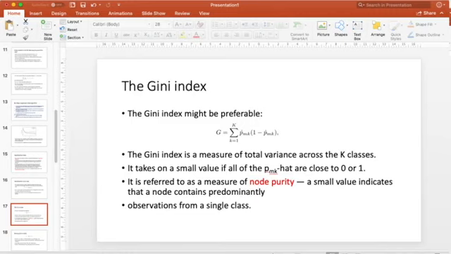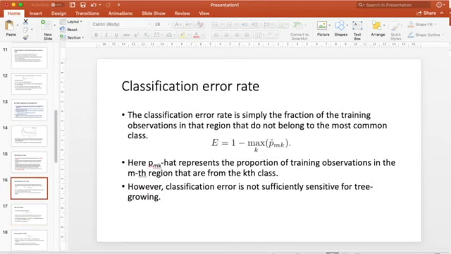Now let me take you through this equation and what it means. If you look at the classification error rate here, you have E equal to 1 minus the max of p hat mk. You try to maximize p hat mk, and the error is just 1 minus this max of p hat mk.